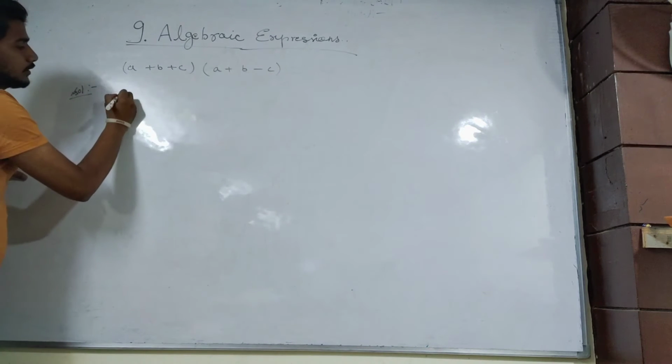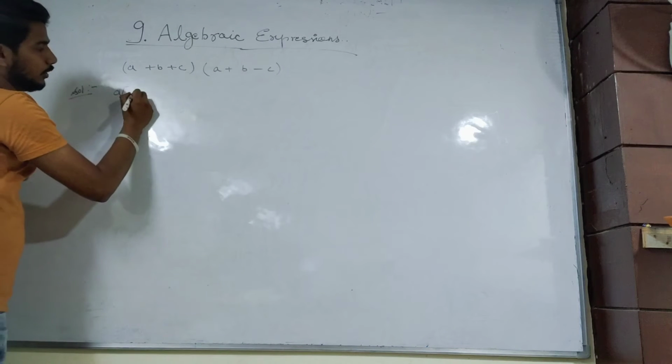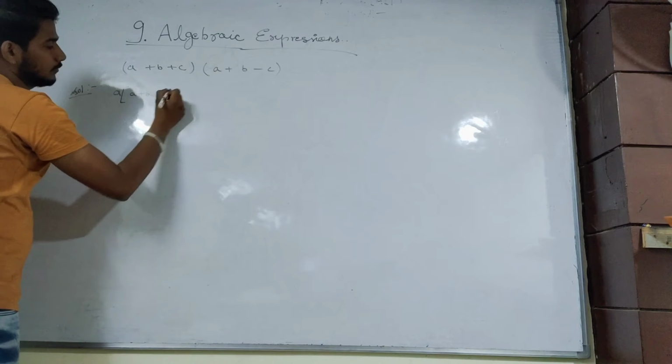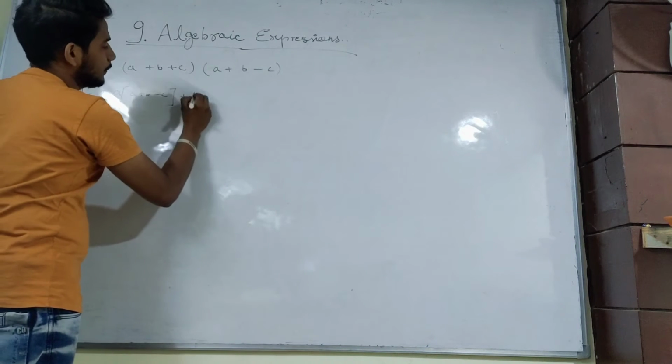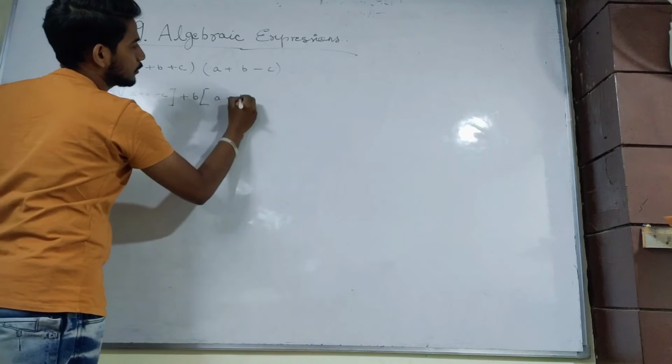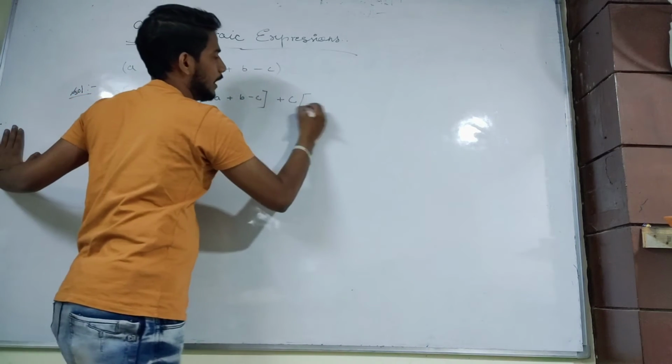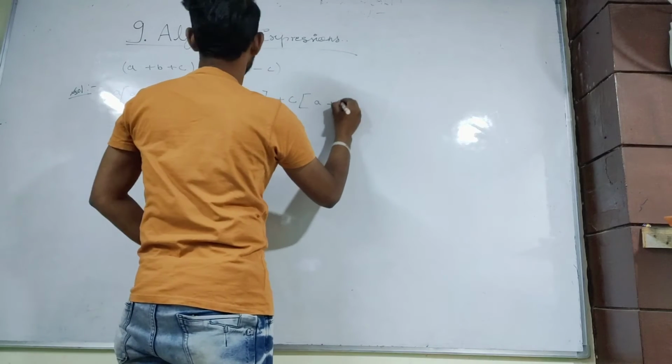So we will carry forward the question: a into a plus b minus c bracket, plus b multiplied by a plus b minus c, plus c multiplied by a plus b minus c.